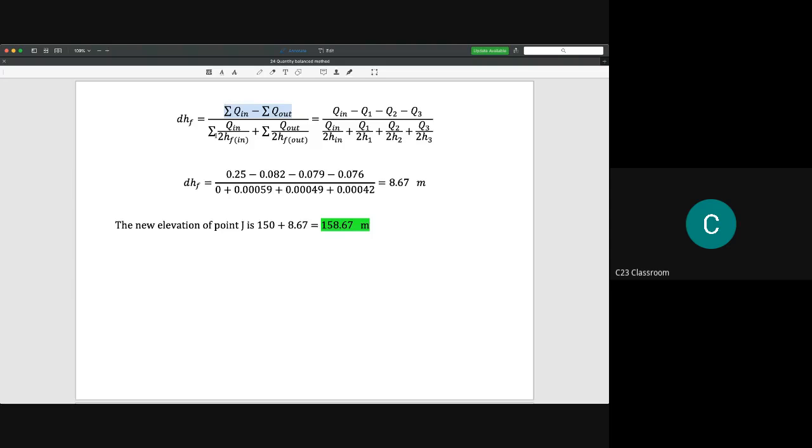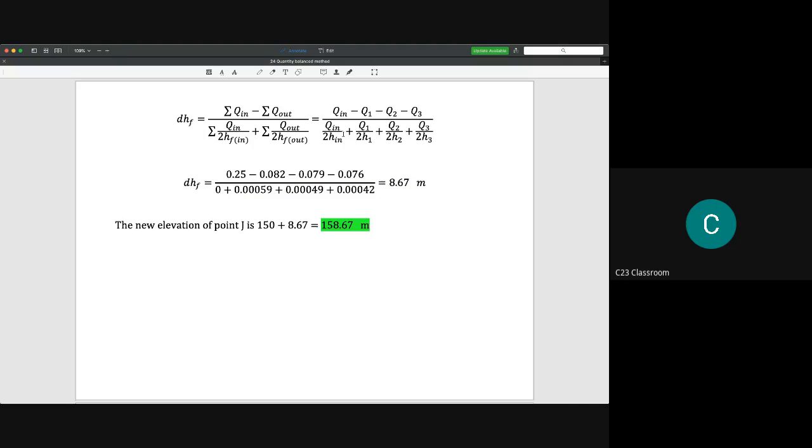Because we did our first assumption, the Q in here is given in the question, so it is 0.25. And then we minus each output, so we have 3 outputs there, so we minus the 3 outputs, and then we divide with the total value of Q in over 2 H in.